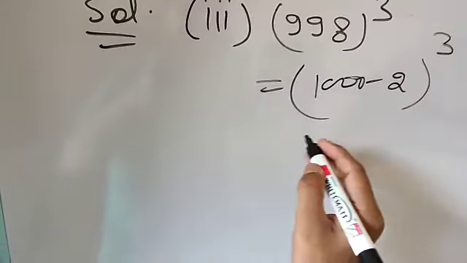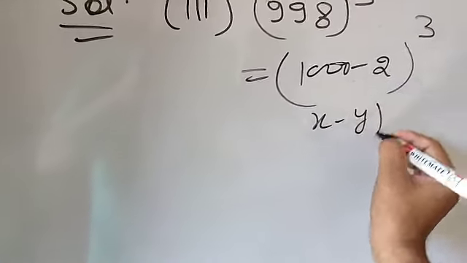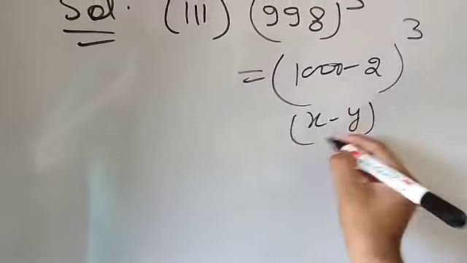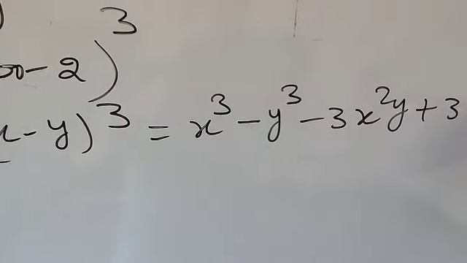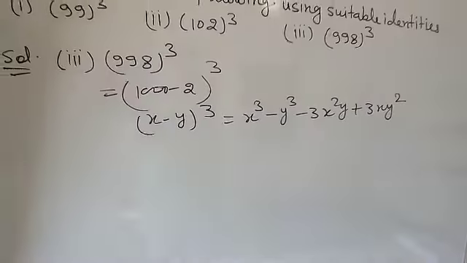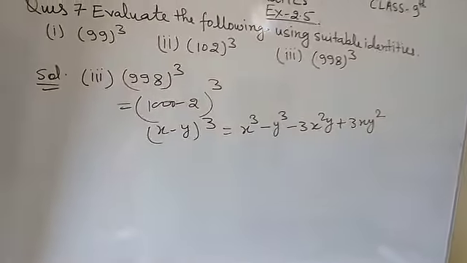Now here which identity can be used here? Here the identity is x minus y whole cube. It is the x cube minus y cube minus 3x square y plus 3xy square. So I am going to use that identity. So here it can be written as 1000 minus 2 whole cube. Now students, if you are going to compare with the identity and your question, at the place of x 1000 is there, and at the place of y 2 is there.